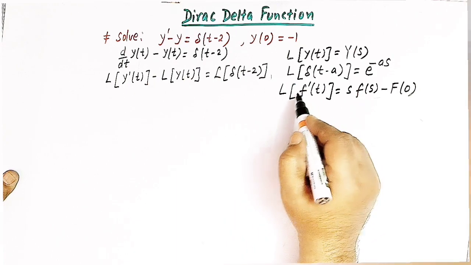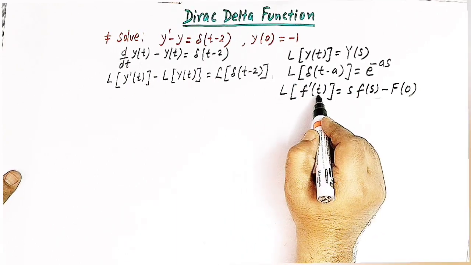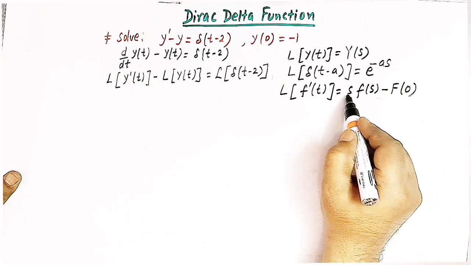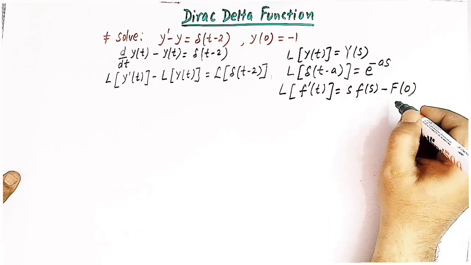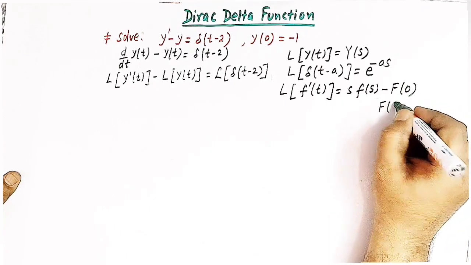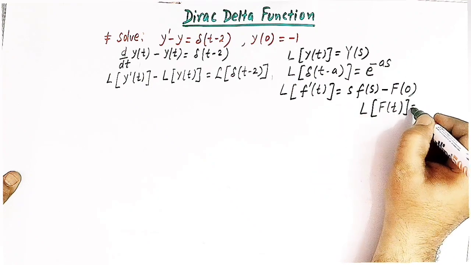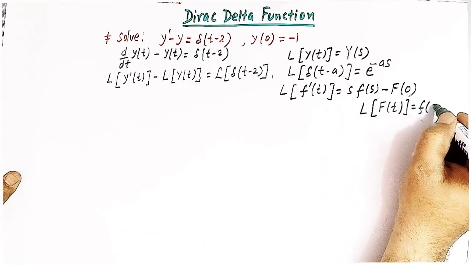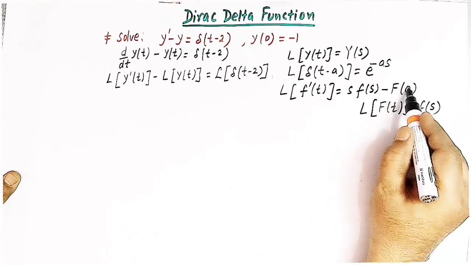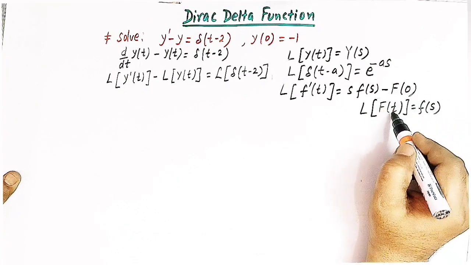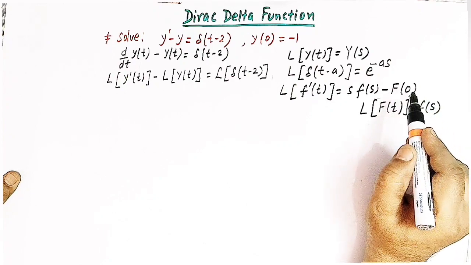So the Laplace transform of the first derivative of f of t is given by the product of s and the Laplace transform of the function f of t, which is denoted by F of s, and then we have f of 0. It means for t equal to 0, we have f of 0.